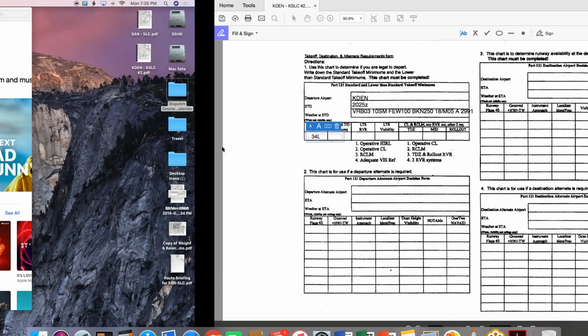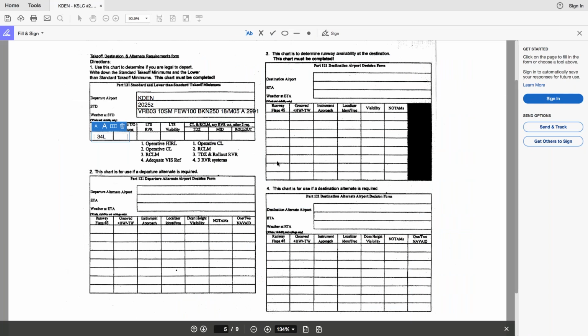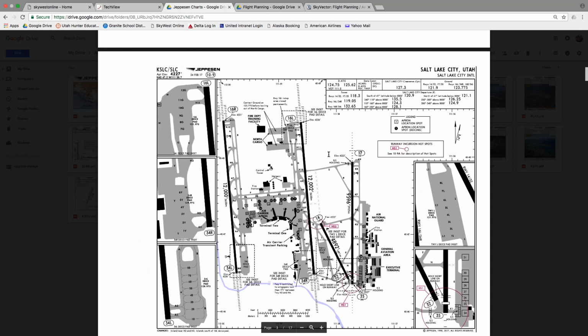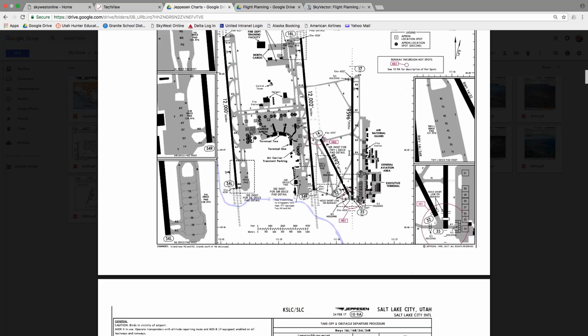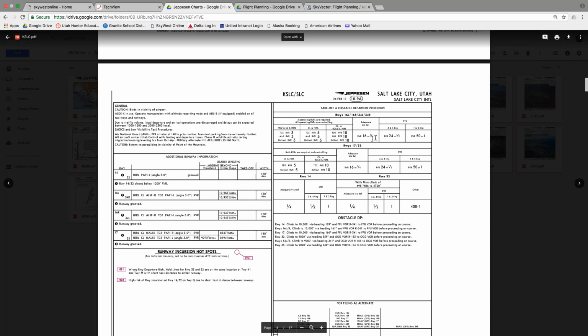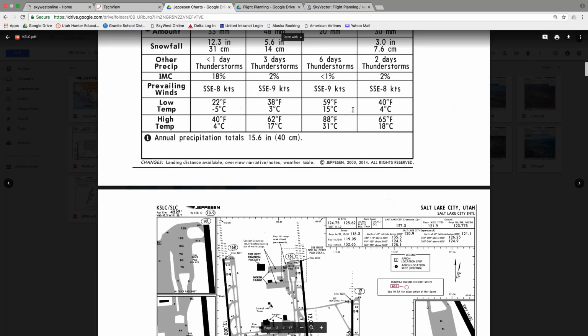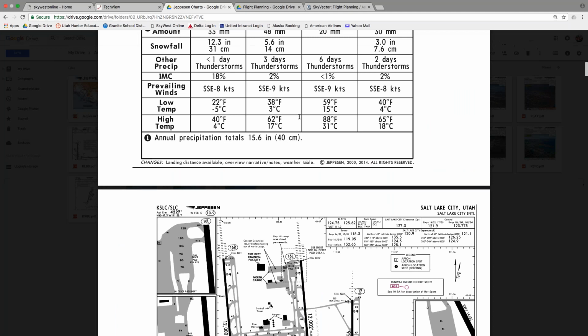Okay. This is where we need to go to our charts. Our standard takeoff minimums are on what chart? They are on the 10-9A.